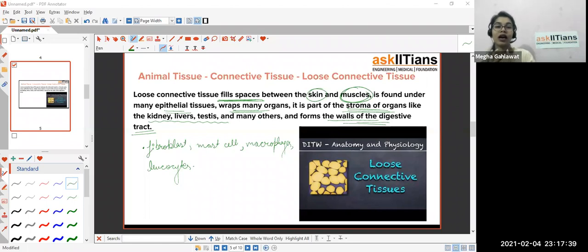Okay, and then the fibroblasts are the cells which secrete fibers from themselves, so that the fibers can fill up the space and hold the different organs and skin together.